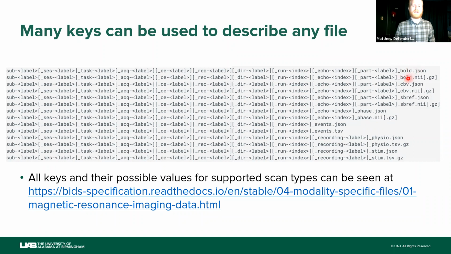So bold, you can have the bold JSON files, which I'll talk about here in a second, the bold NIfTI files, cerebral blood volume, the single band reference volumes that come along with multi-band bold sequences are also their own files that will have the exact same name as their matching bold sequence, but have the sbref suffix instead of the bold suffix. So on and so forth.